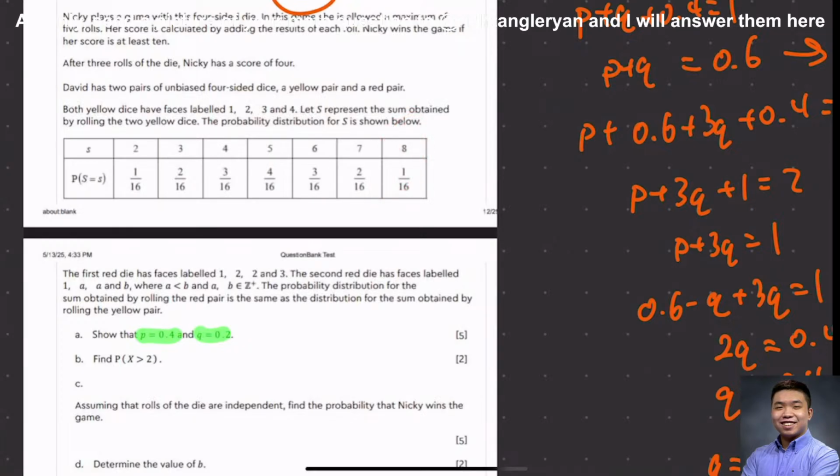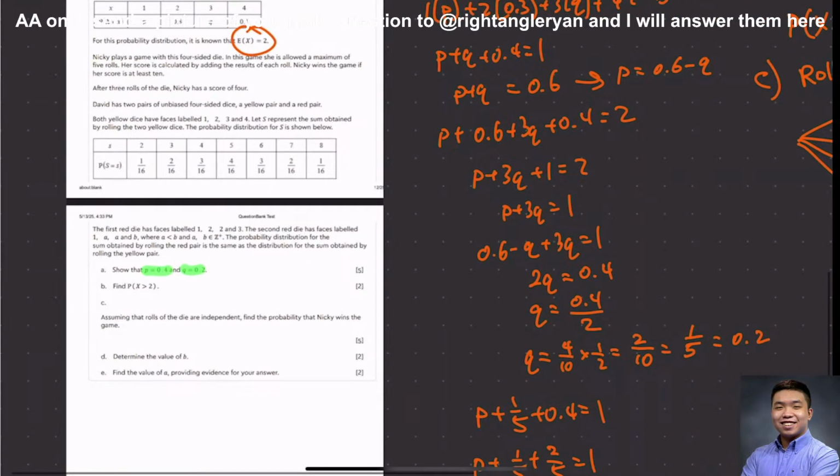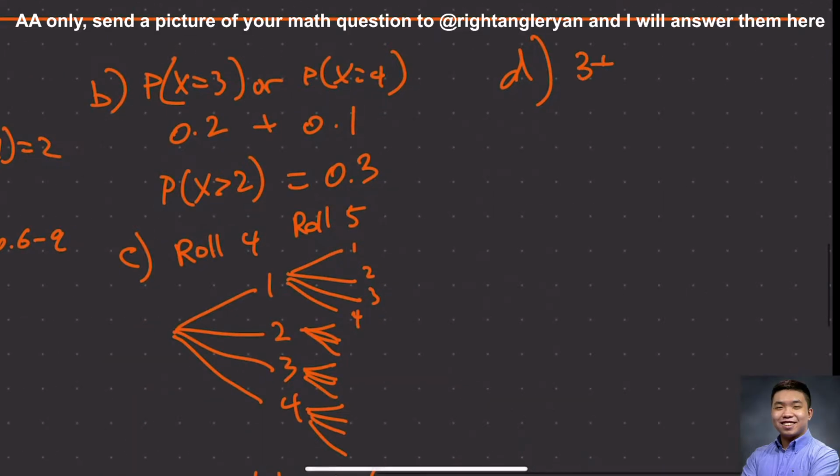To get a sum of 8, it must be 3 plus this B. So 3 plus what gives you 8? 3 plus 5 gives you 8. So 3 plus B equals 8. Therefore, B equals 5.